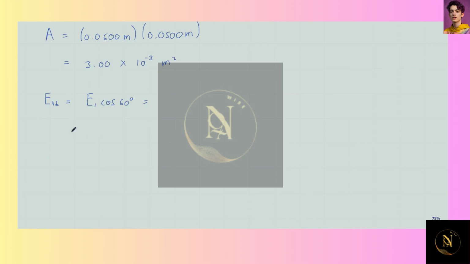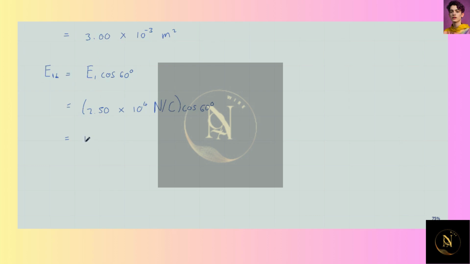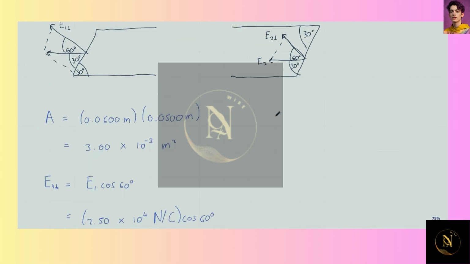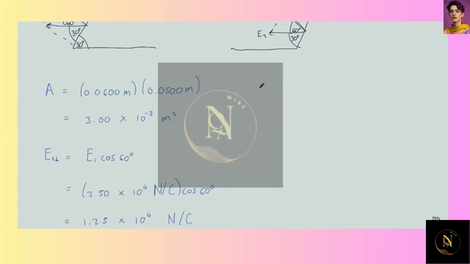And again, these values are given, so this is 2.5 times 10 to the 4 newtons per coulomb times the cosine of 60 degrees, and this gives us the perpendicular component of the electric field to be 1.25 times 10 to the 4 newtons per coulomb. Now we'll do the same for the inward face, and we can then calculate the fluxes.